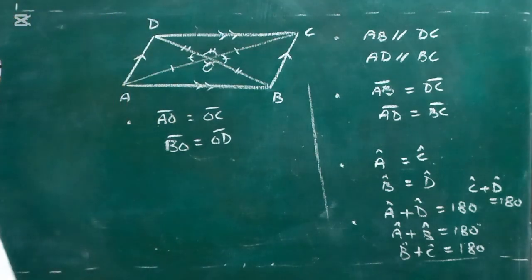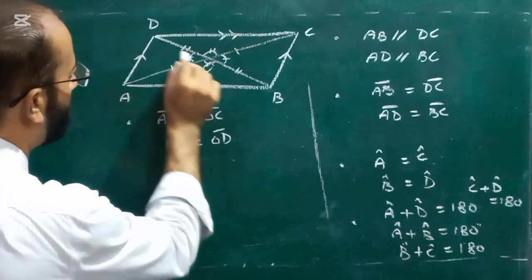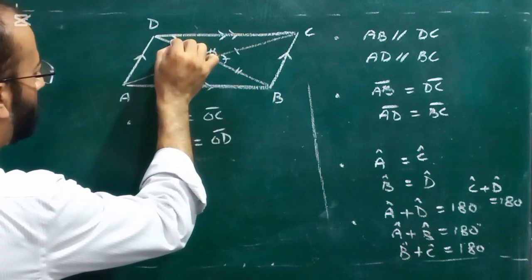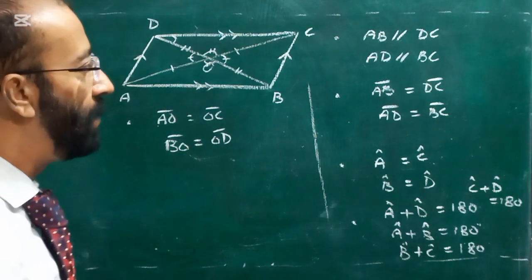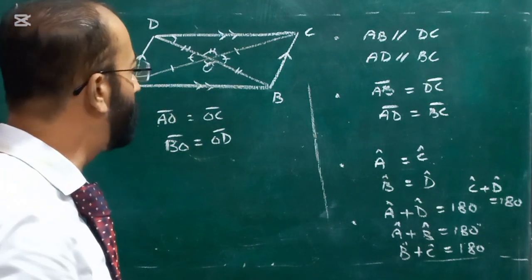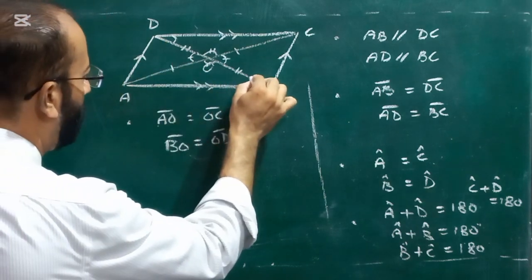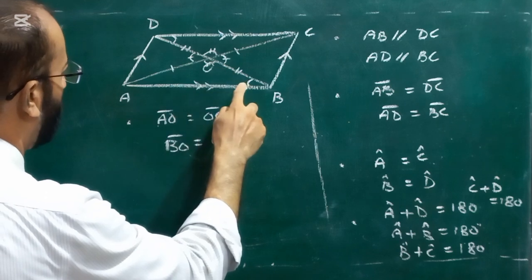Furthermore, you can see these two are parallel lines and this is a transversal line. So this angle, look carefully students, all these properties are very important because these will be applied when we solve the questions. So this angle will be equal to this angle according to alternate angles.